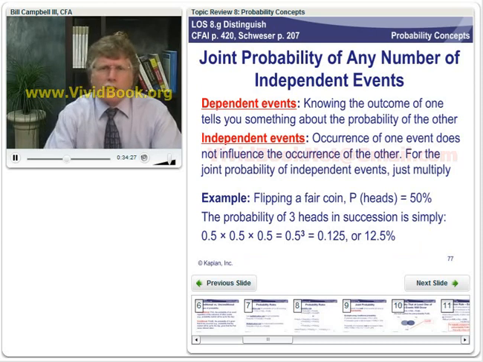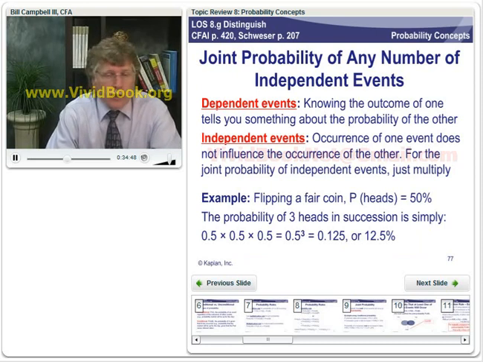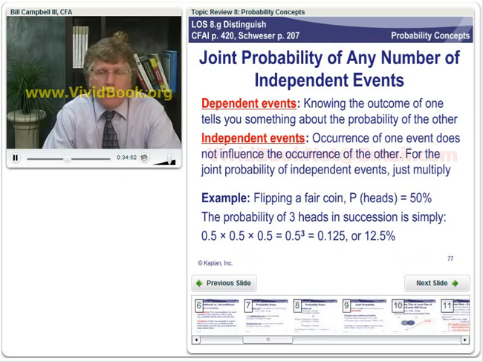Okay, we talked earlier about independent events. If one of them occurs, that doesn't tell us anything about whether the other one occurs. If that defines independent events, then obviously we can define dependent events, where if one of them occurs, it does tell us something about whether the other one occurs. So far, the best example we have had of dependent events are events that are mutually exclusive.